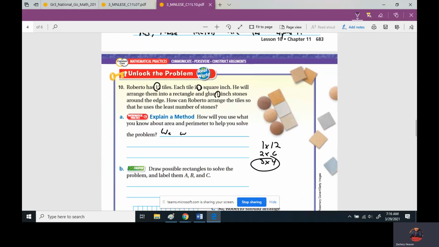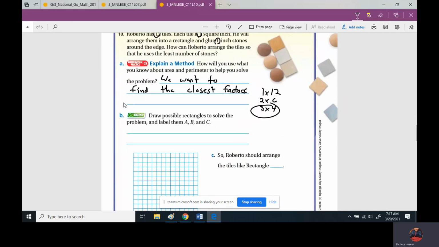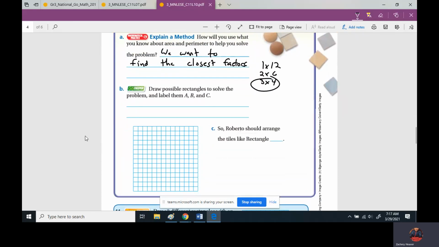So how will you use what you know? We want to find the closest factors. Well, we already know how to solve it. Draw possible rectangles to solve the problem and then label them A, B, and C. Well, we know A is going to be like this, 1 times 12.